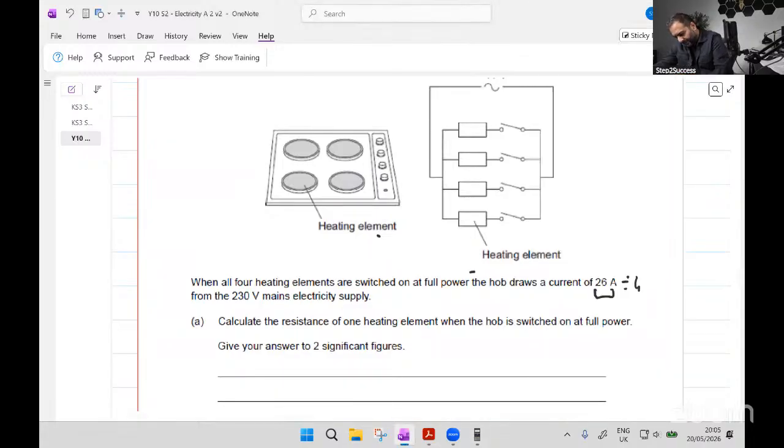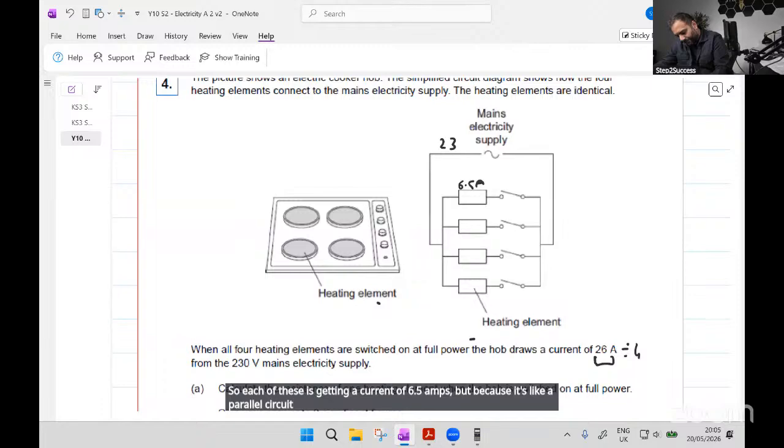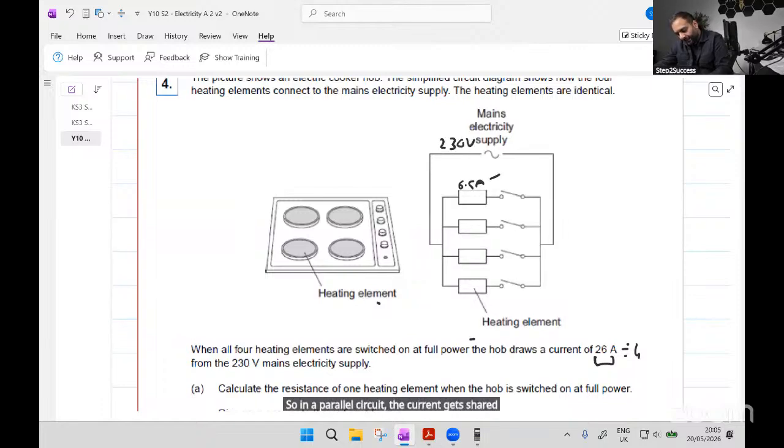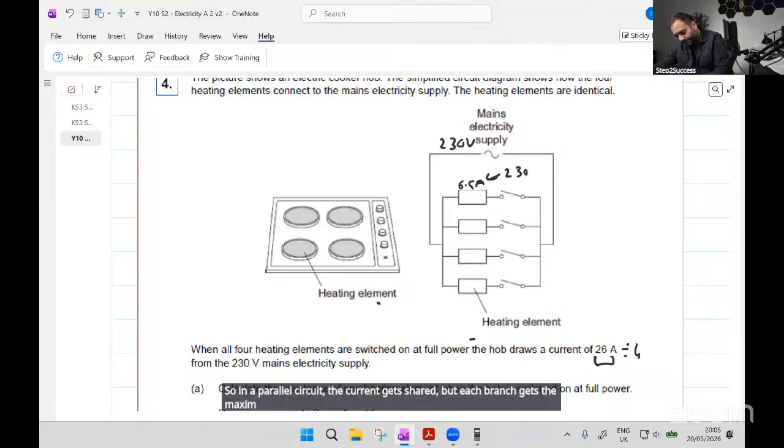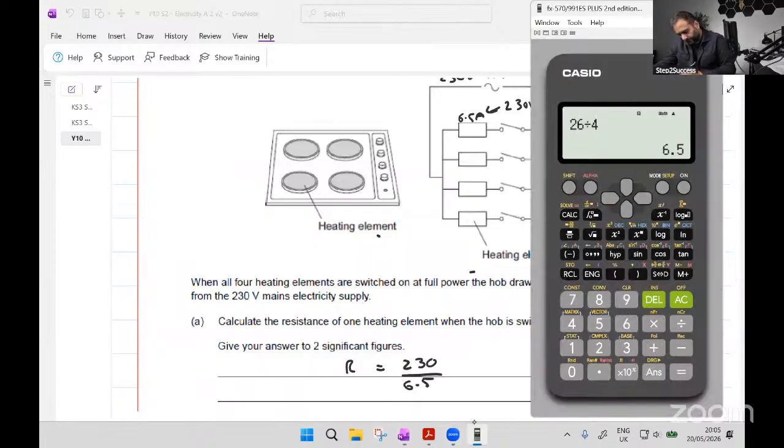So each of these is getting a current of 6.5 amps, but because it's like a parallel circuit, the current gets shared, but each branch gets the maximum voltage. So the resistance, I'm hoping, is 230 divided by 6.5, which is 35.38, which to two significant figures is 35.